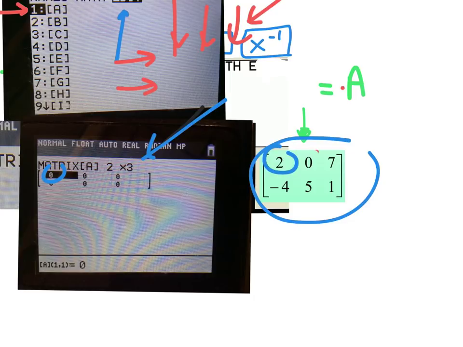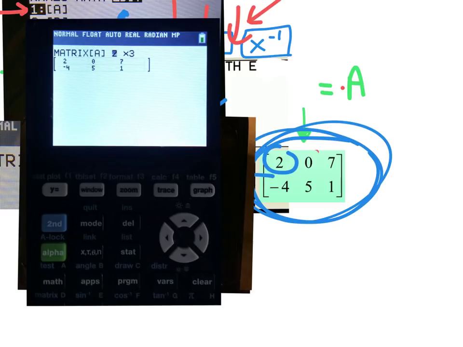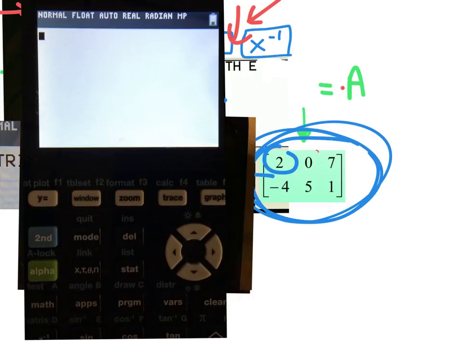So you want to store this matrix into matrix A on your calculator. Now go to the main screen of the calculator, so press second and mode to quit. When you want to recall matrix A, go back to the matrix menu, press second and then the inverse button.